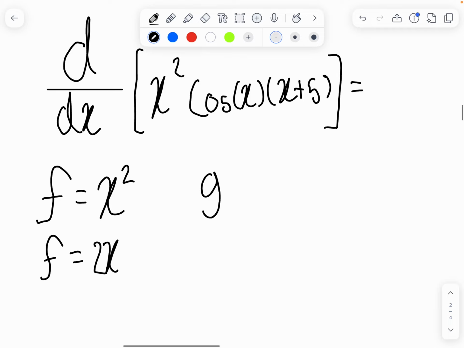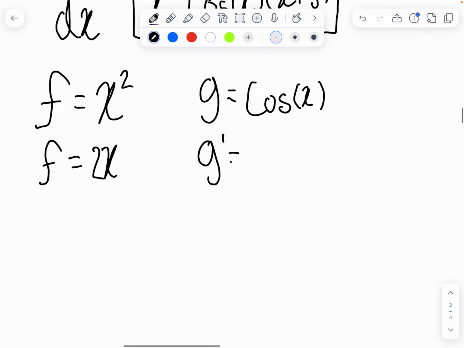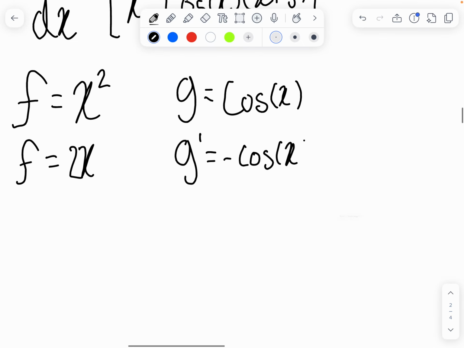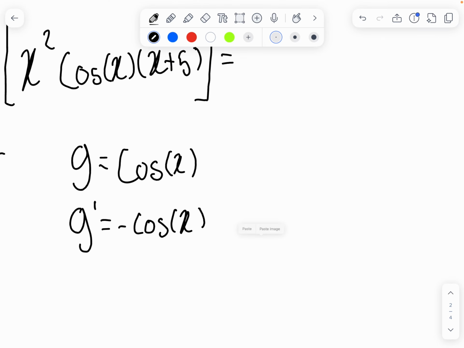So time for g. So g is equal to cos x. And g prime is equal to negative sine x. And h is equal to x plus 5, and since this is a constant, h prime just becomes 1.